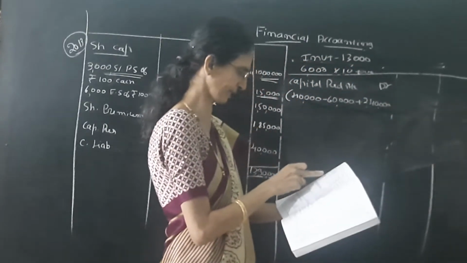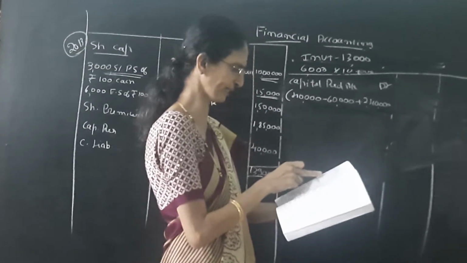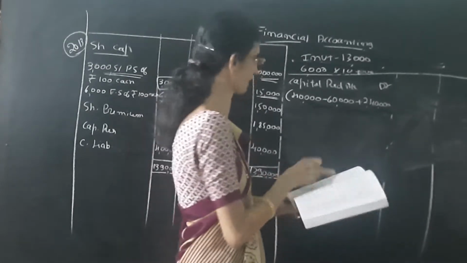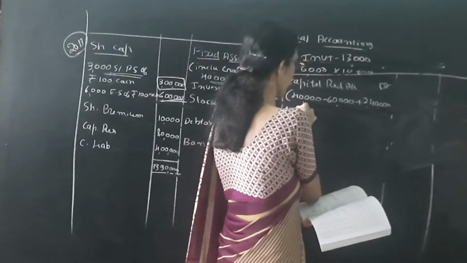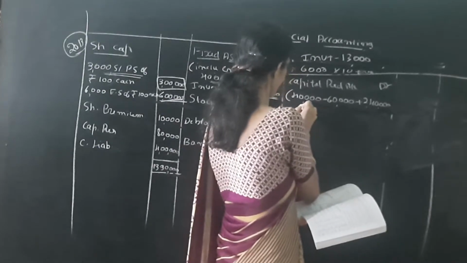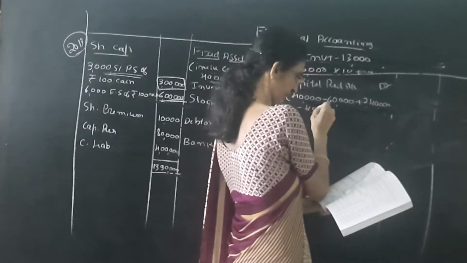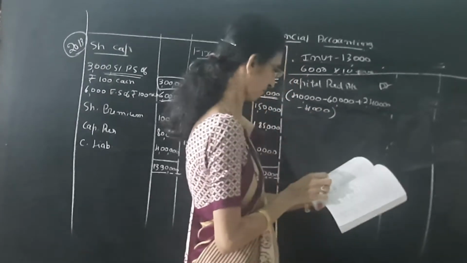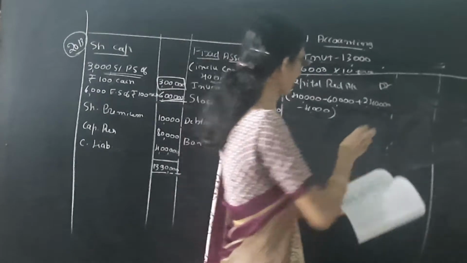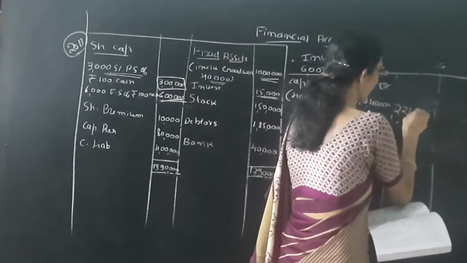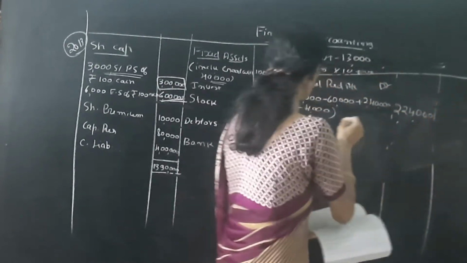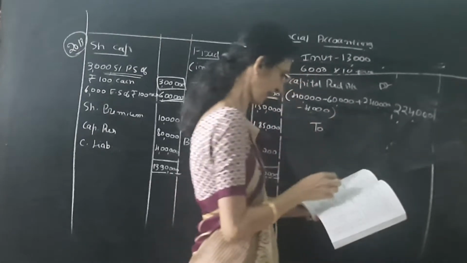Then the fifth entry is stock reduction 4,000. Stock reduction means minus 4,000. So the capital reduction total is 2,24,000.